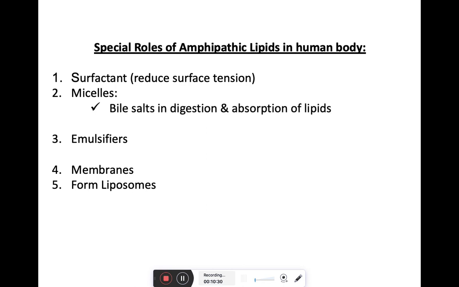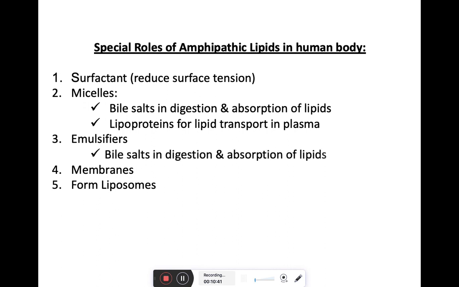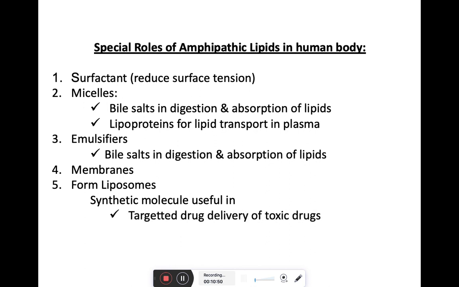Micelles: bile salts form micelles, which help in digestion and absorption of lipids, and the lipoproteins transport lipids in plasma. Emulsifying agents: bile salts help in digestion and absorption of lipids. And liposomes are synthetic molecules useful in targeted drug delivery of toxic drugs and for gene therapy.